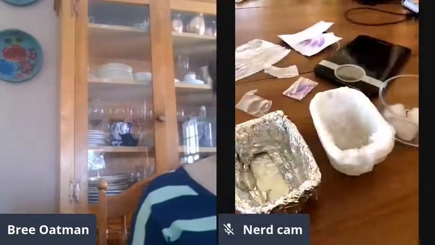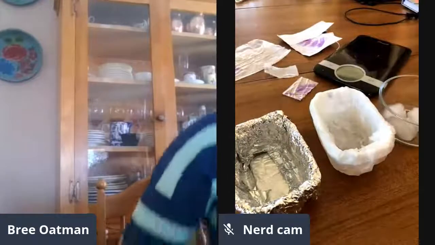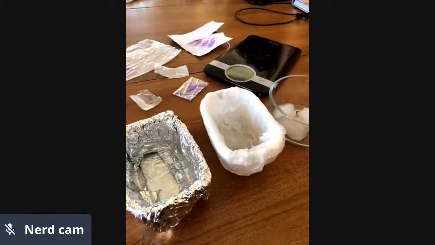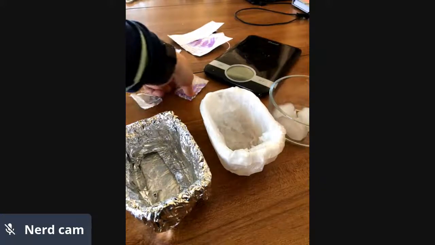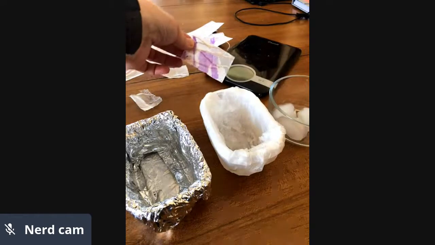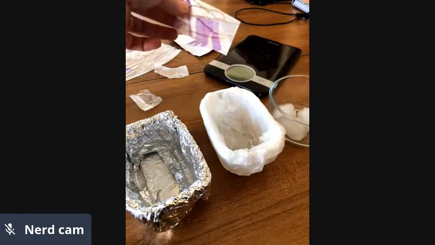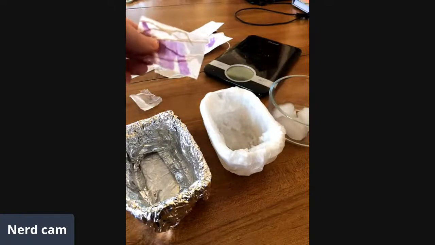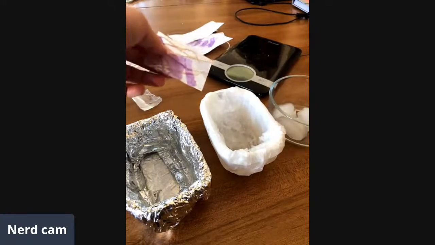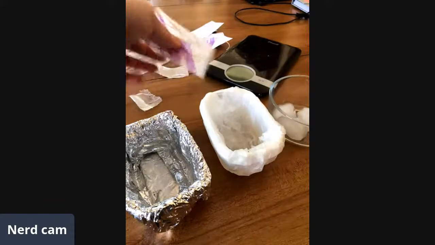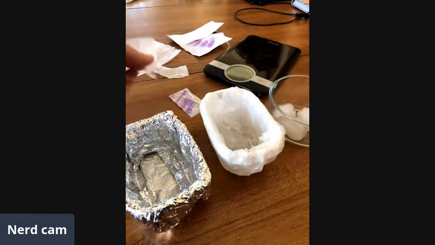I've created a couple of different examples of composite material. One is saran wrap that has string and some crepe paper glued on the inside, and then I have a piece that has nothing in it.